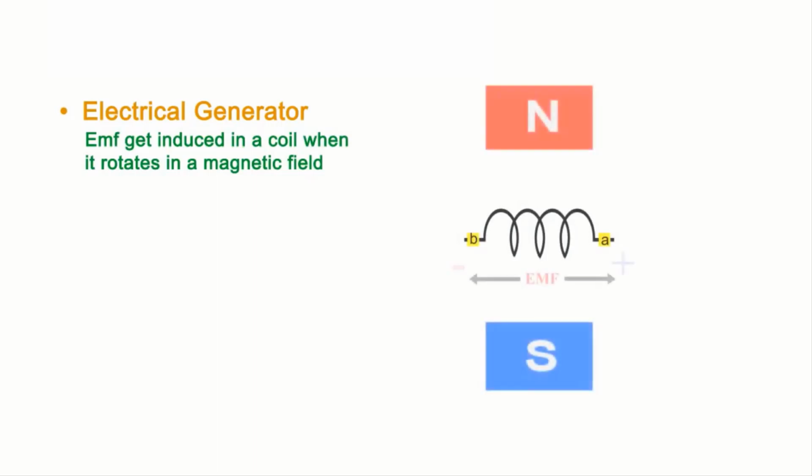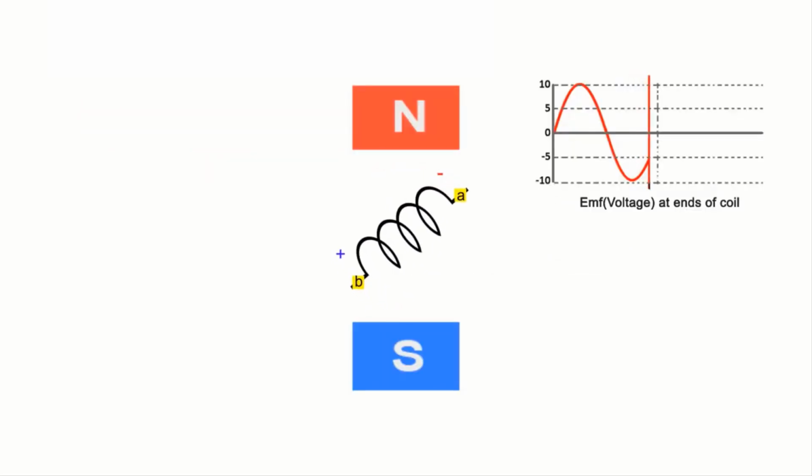An EMF, meaning electromotive force, is induced in a coil when it rotates in a magnetic field. This way, alternating EMF is generated at the ends of the coil.